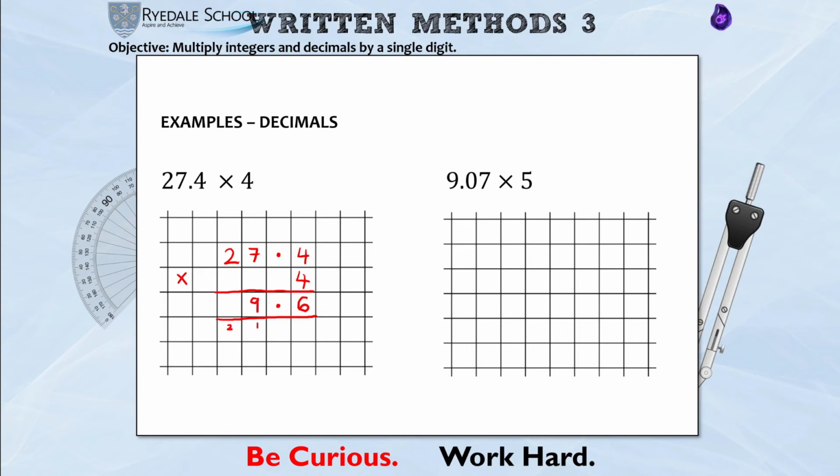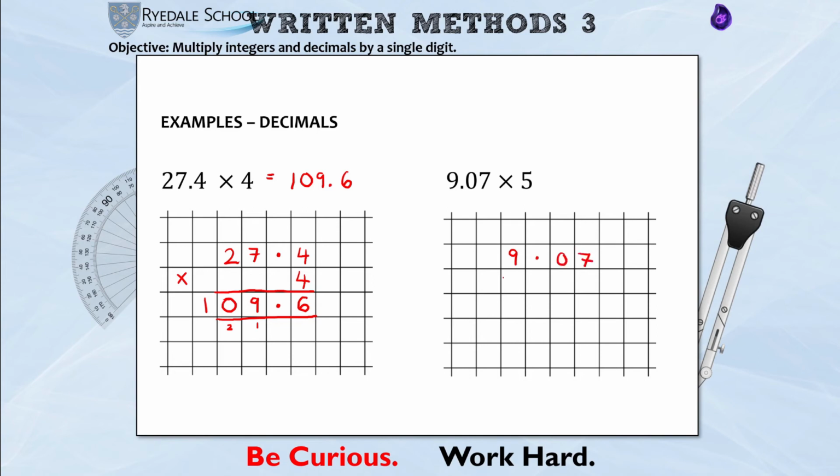And 2 times 4 is 8. Add the 2 is 10. So that 1 would be in the next column. So the answer to 27.4 times 4 is 109.6.